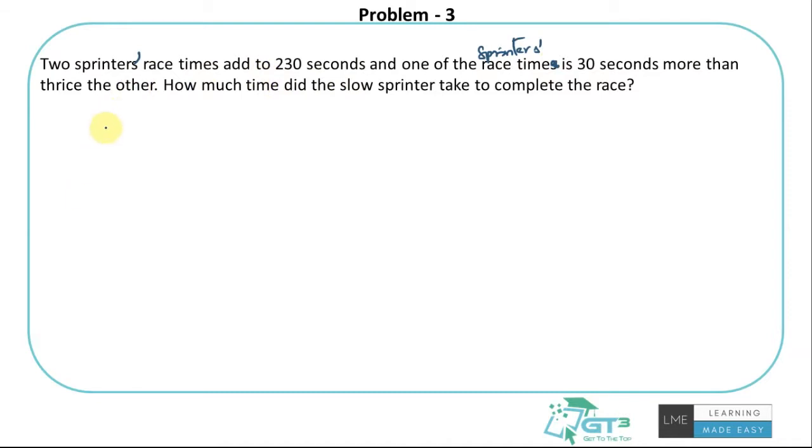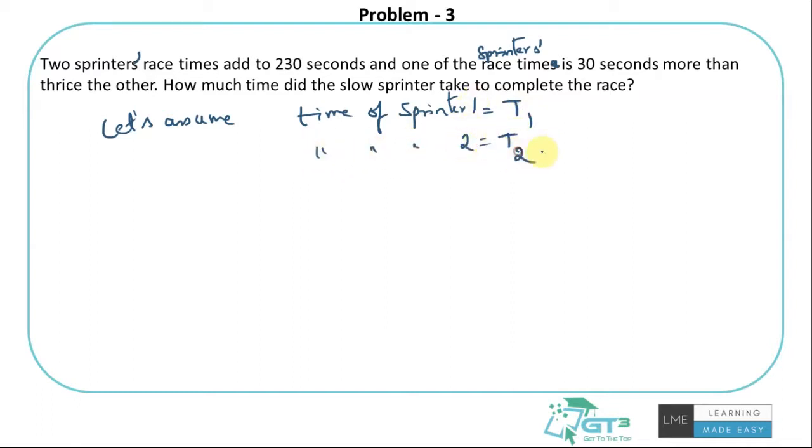Let's assume the time of sprinter 1's race is T1 and the time of sprinter 2 is T2. These are two variables I am taking. It says that if we add them, we get 230 seconds. That is T1 plus T2 is 230 seconds.